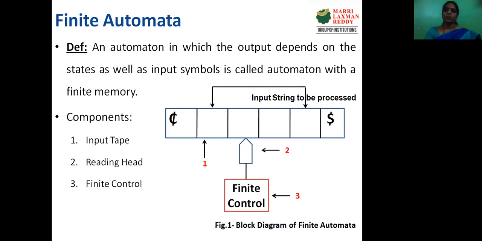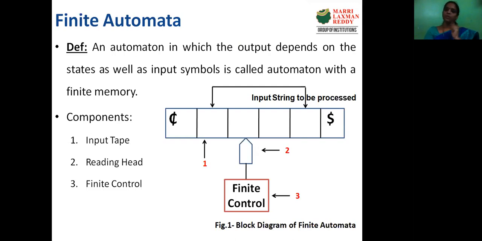because this finite control is responsible. It has a little amount of memory and is responsible for the transitions to occur, that means for the input string to be processed from one state to another state. So finally, this finite automata model has three components.